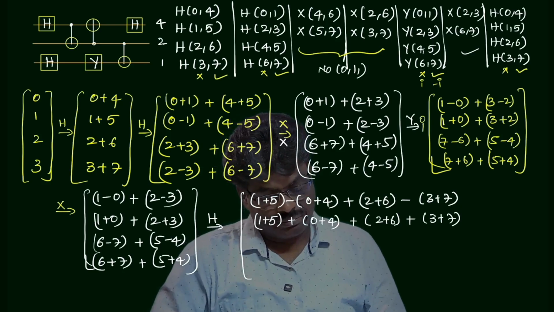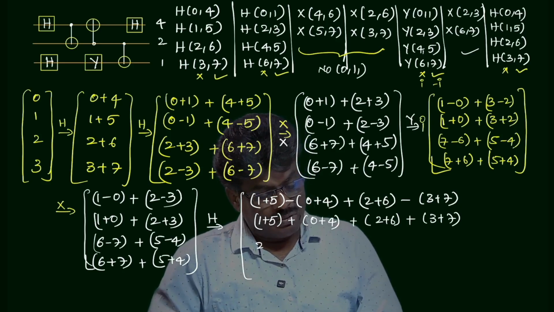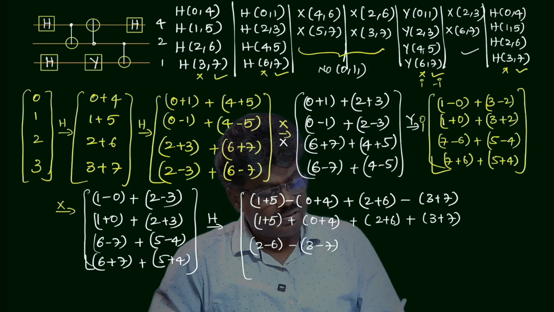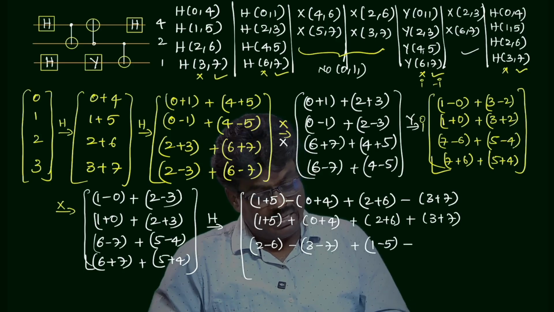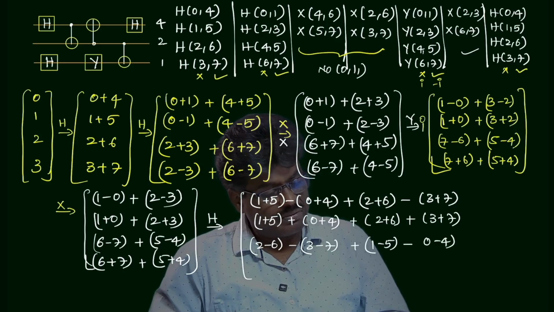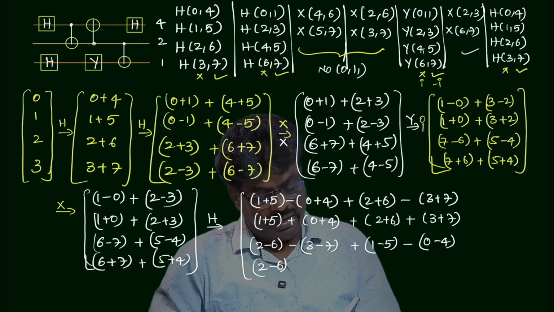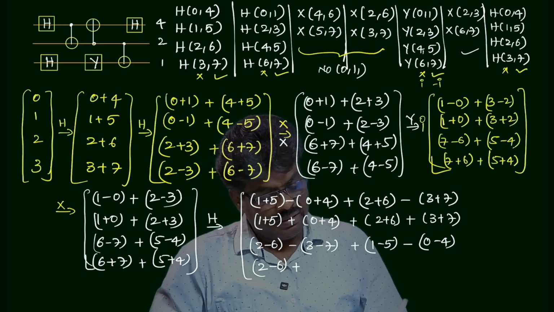Next one 6, 6 becomes 2 minus 6 minus 7, 3 minus 7 plus 5, 1 minus 5 minus 4, 0 minus 4. Next one you can directly write, this is 2 minus 6, earlier minus now plus, okay, and here as it is and here plus as it is, 1 minus 5, earlier minus, now it is plus, that's why plus 0 minus 4.